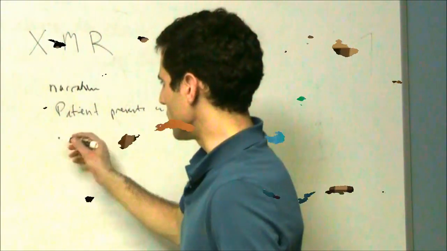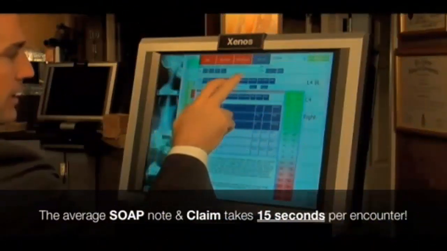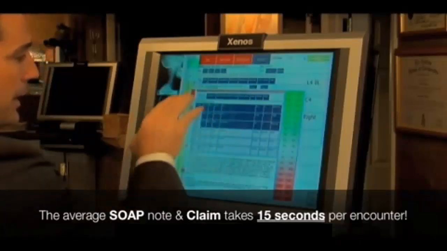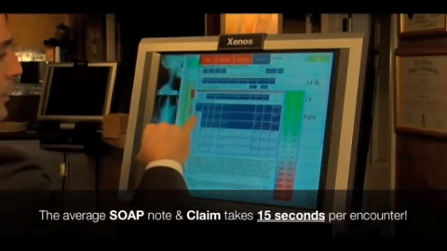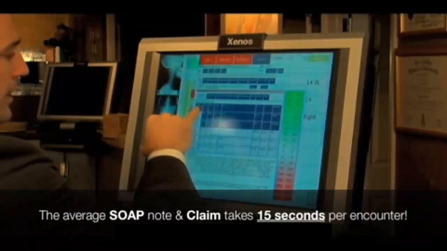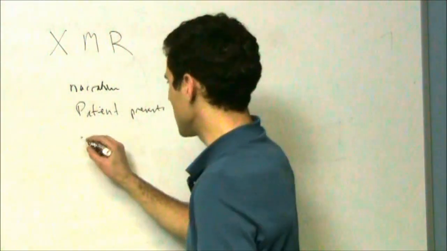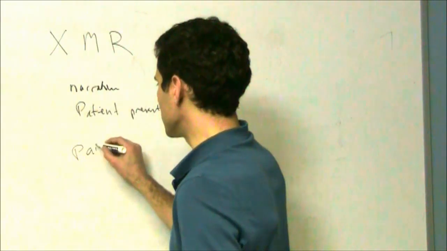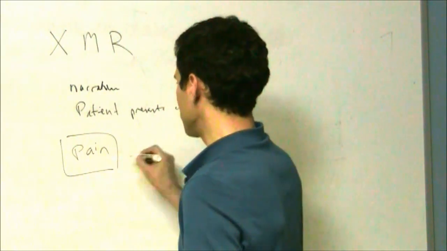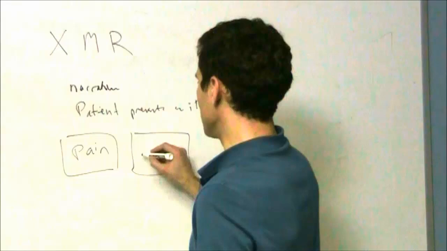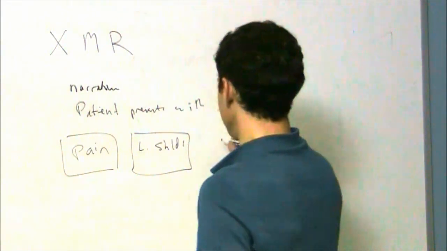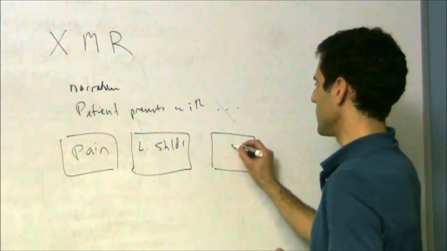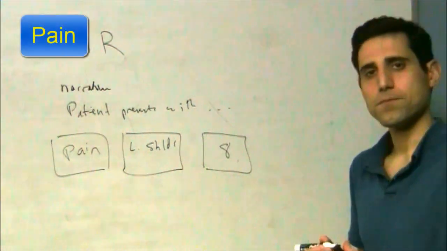The other way to look at this type of information is to block it out and look at the actual values of the note itself. In other words, we know the patient has some sort of pain. We know that it's in their left shoulder. And we know that it is a level 8.